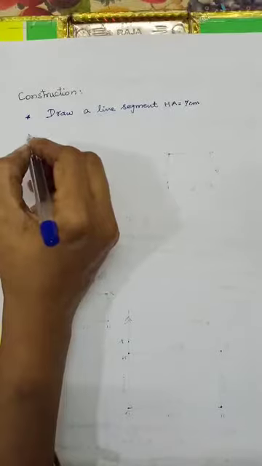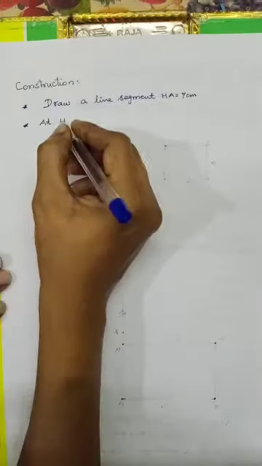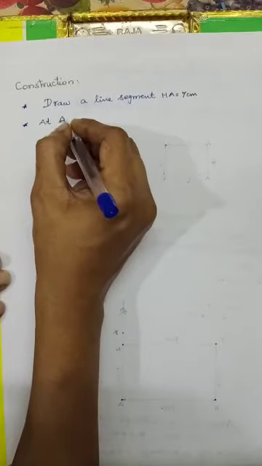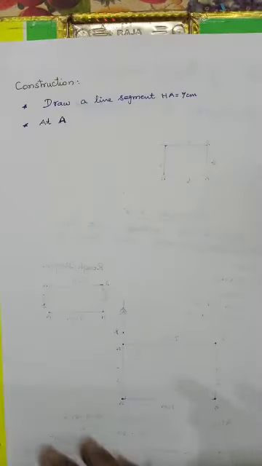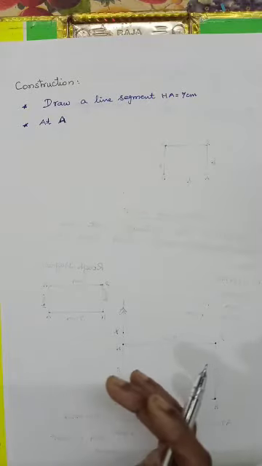The second point, at A, you have to draw a perpendicular line, isn't it?